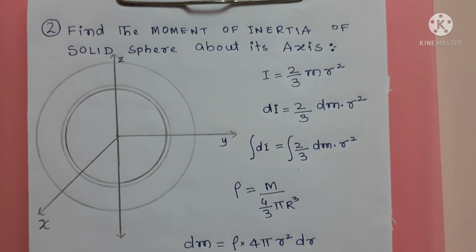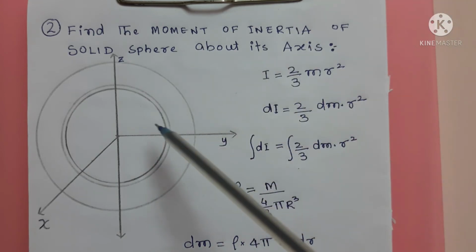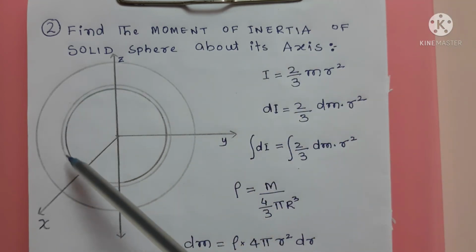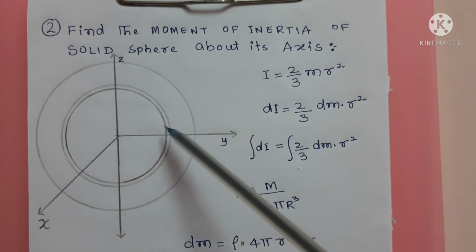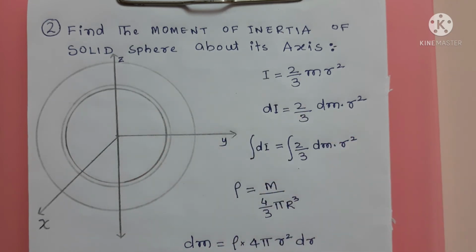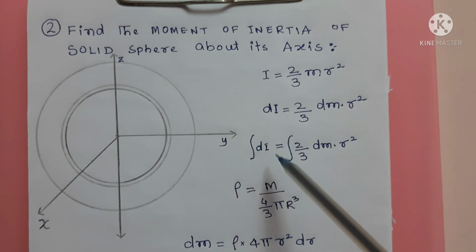Clear? Okay. Now we have to integrate. Integrate means we have to sum over all spherical shells like this from radius 0 to capital R. That is why we are integrating. Integration of dI equal to 2 by 3 dm r square.